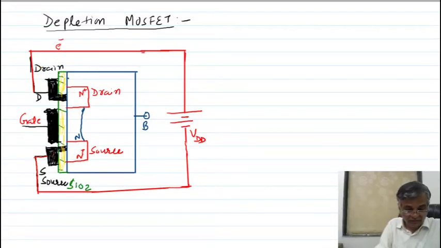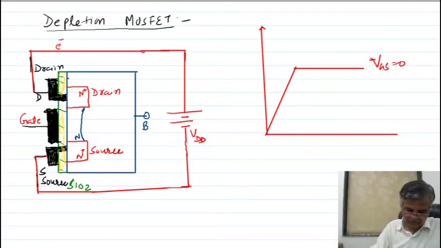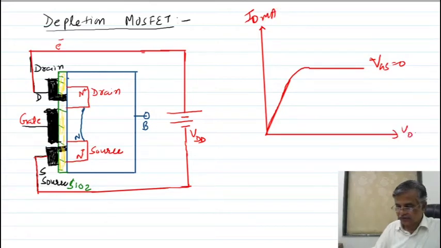So the graph: VGS I have kept 0, and as your VDS increases, current will start to flow and will be saturated.